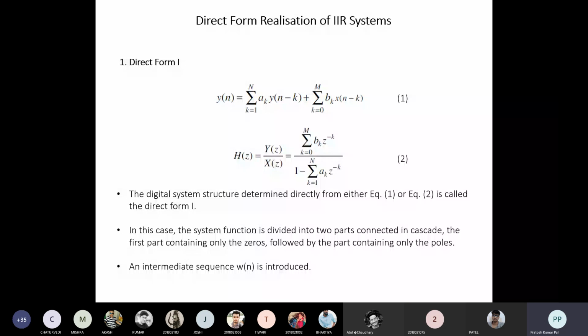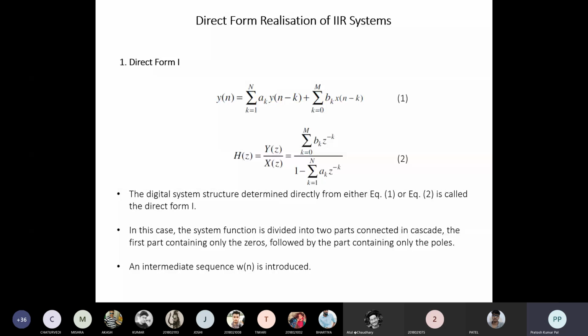So when any IIR system is given, we are going to realize that IIR system, that is the expression of that system in terms of hardware required, or in terms of arrangement of this hardware, like how we can obtain this particular equation or expression, so that we can use the minimum number of resources.